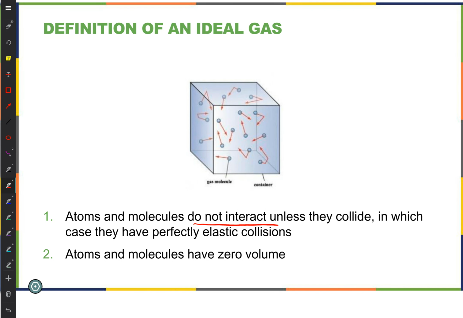The second one is the atoms and molecules have to have zero volume. Very, very realistic, right? Okay, so neither of these are perfect approximations ever, but they're really good approximations in the right situations. If you have something that's moving really quickly, so it has a very large amount of kinetic energy, the amount of energy it may gain or lose in a collision is going to be small compared to its total kinetic energy.